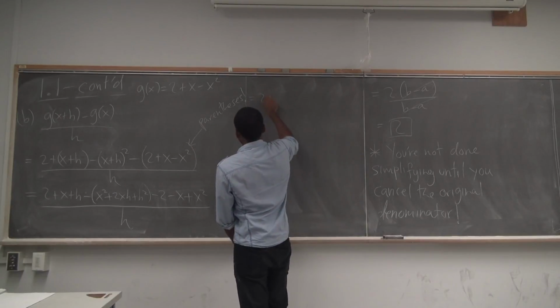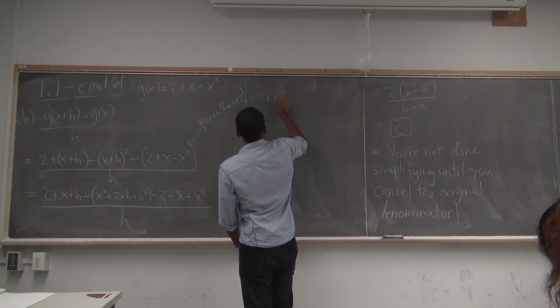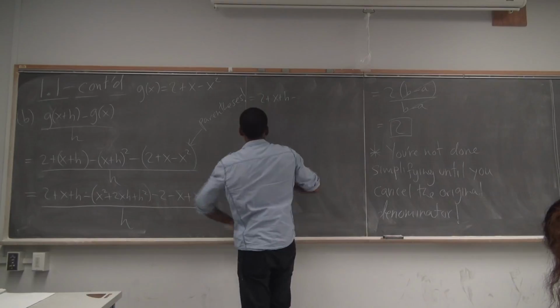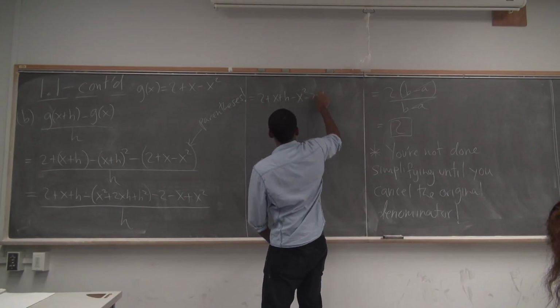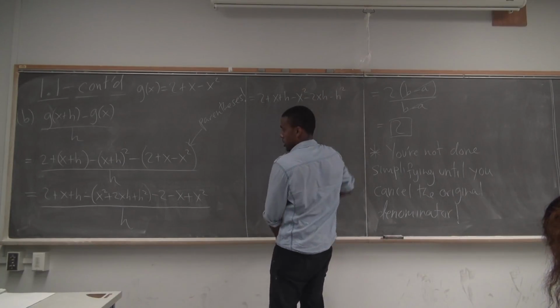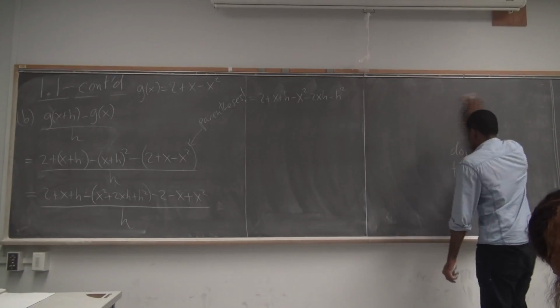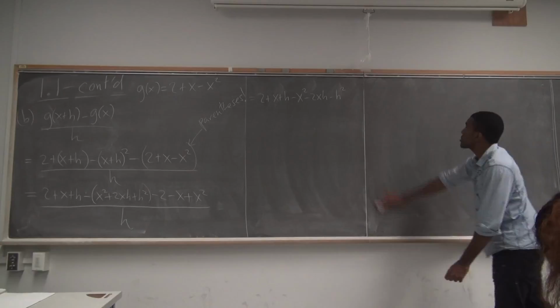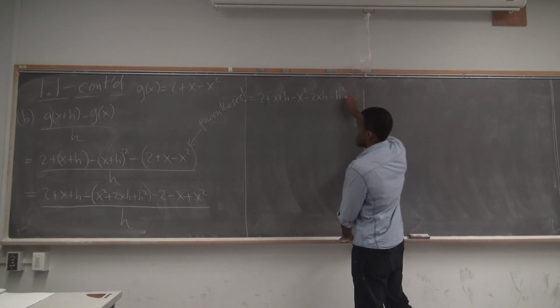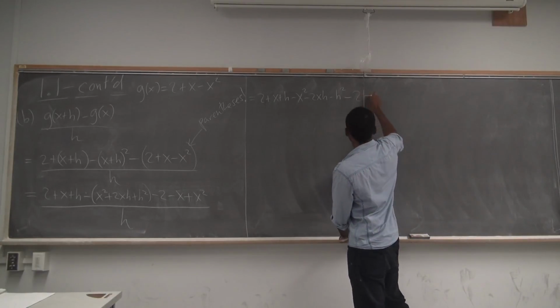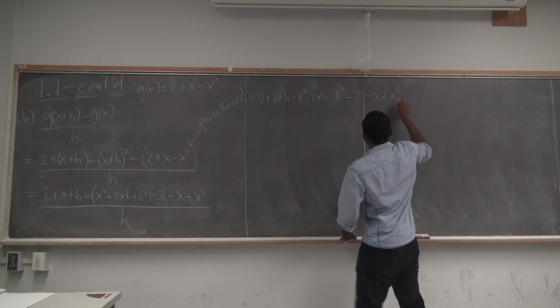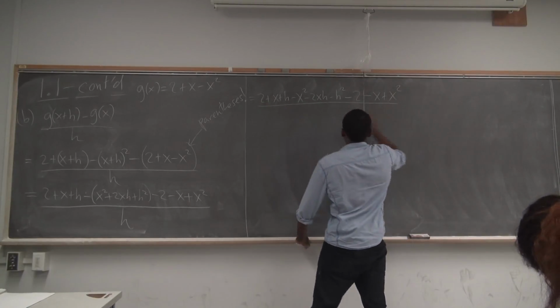So basically, this is 2 plus x plus h. Expand the brackets here. You get minus x squared minus 2xh minus h squared, minus 2 minus x plus x squared, over h.